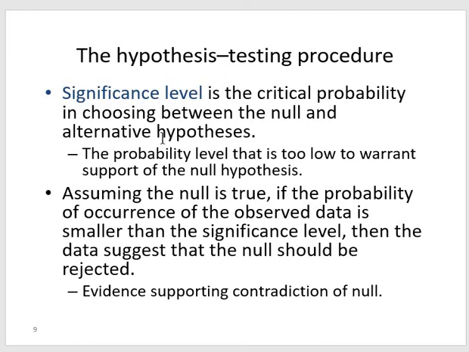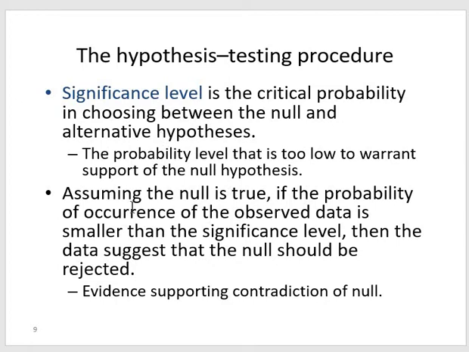Significance level is a critical probability in choosing between the null and alternative hypothesis. Obviously, you have to decide one single value that will decide whether your hypothesis is accepted or rejected. So deciding the significance value is a very critical thing, a very critical probability.